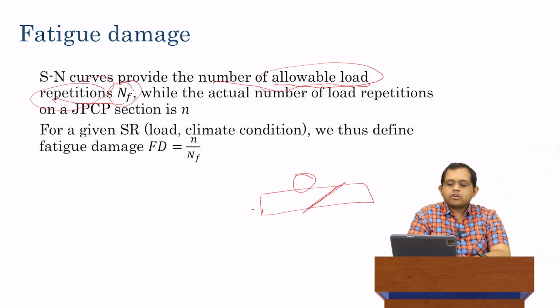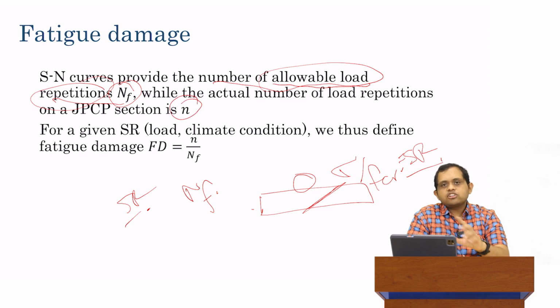Then each tire, since it has the same load magnitude, is going to generate the same critical stress. And therefore, if you divide that by FCR, it's going to generate the same stress ratio. So for a given stress ratio, SR, we have NF, which is the number of allowable repetitions, but we also have the actual number of repetitions that is related to traffic.